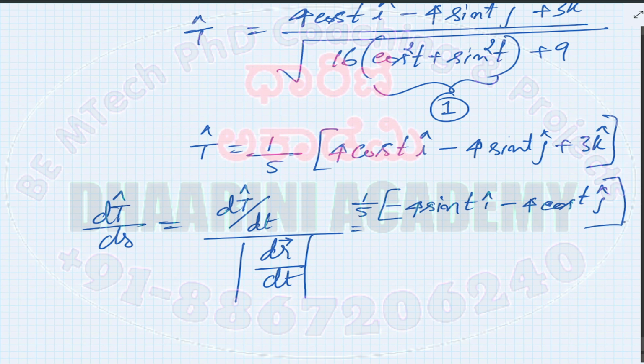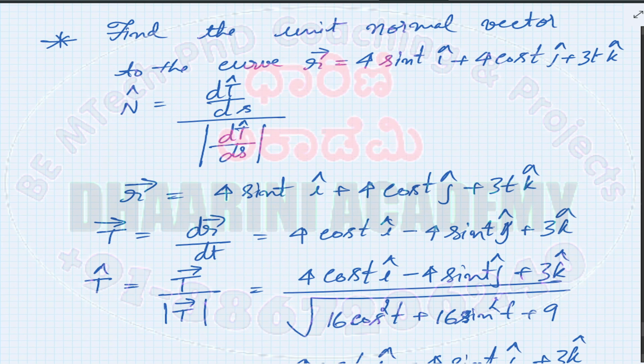So whole divided by, now you see it's the magnitude of dr by dt. So dr by dt, we can check that here. I'm going to show you with the color now. So this is dr by dt, which is nothing but T. So the magnitude of dr by dt is nothing but this, that is this denominator.